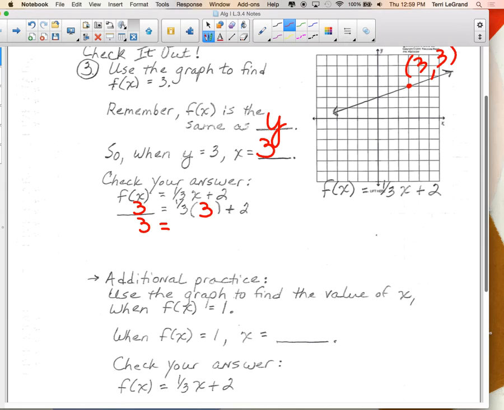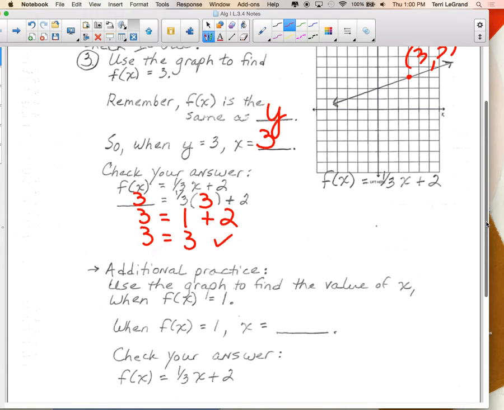What's a third of 3? 1. 3 is still 3. And 1 plus 2 is 3. So it checks out. The y value that we were given when we found our x value, both of them make the equation true, so that means it should be a correct answer.